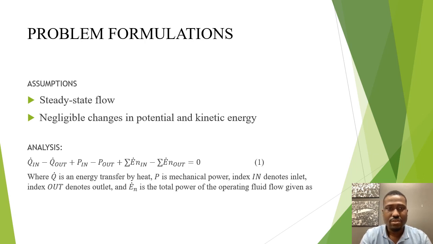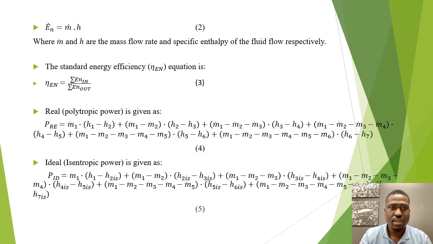The En also stands for the total power of the operating fluid flow. This total power of the operating fluid flow is gotten by the mass flow rate multiplied by the specific enthalpy of the fluid flow.